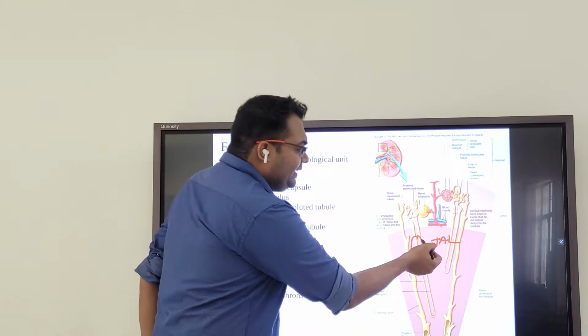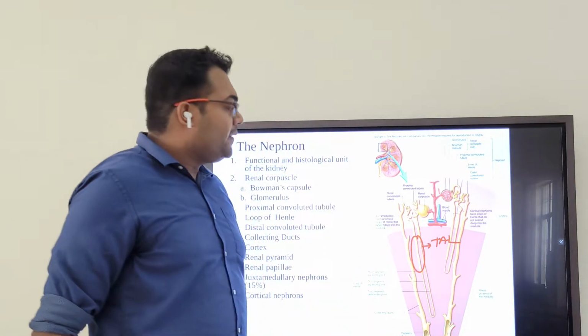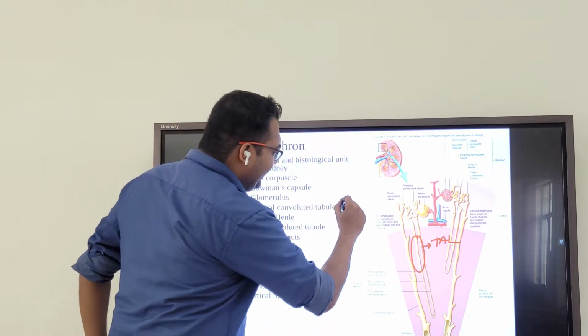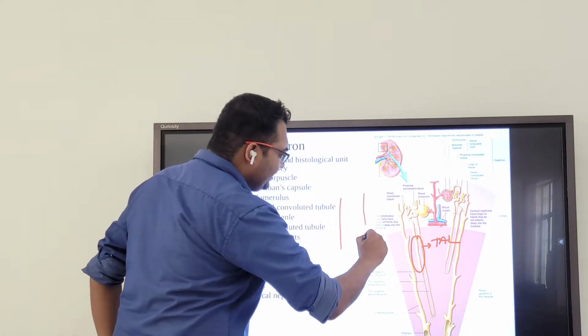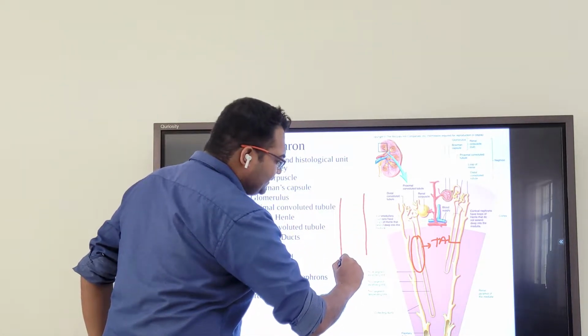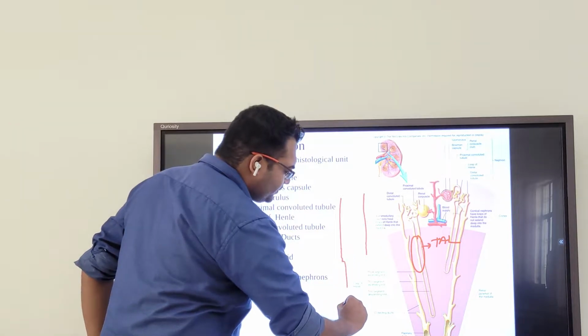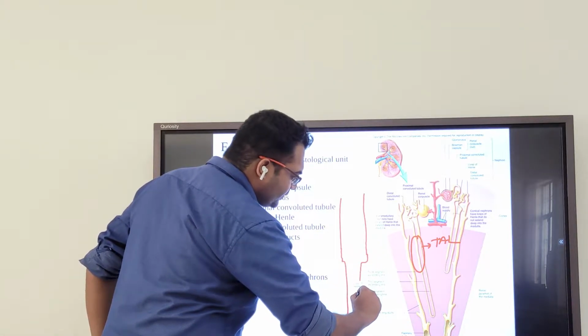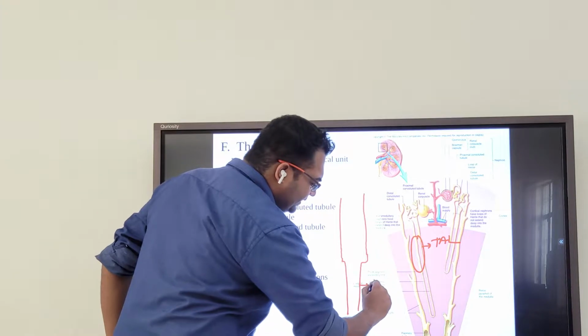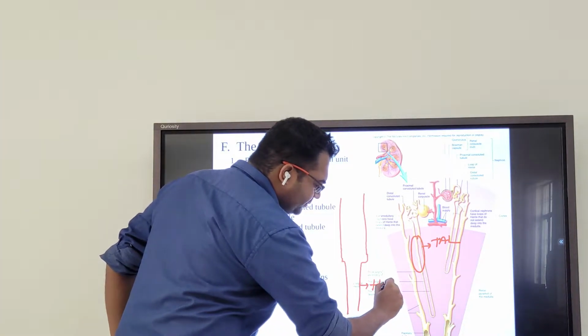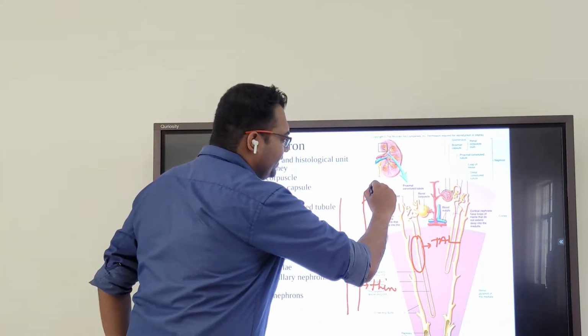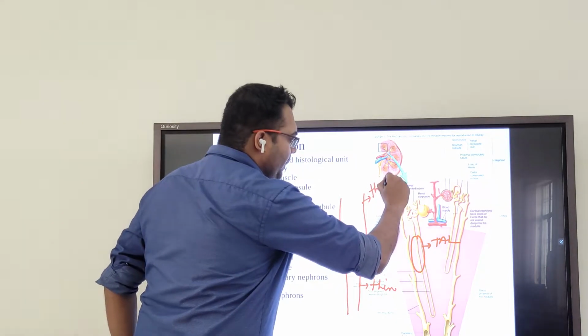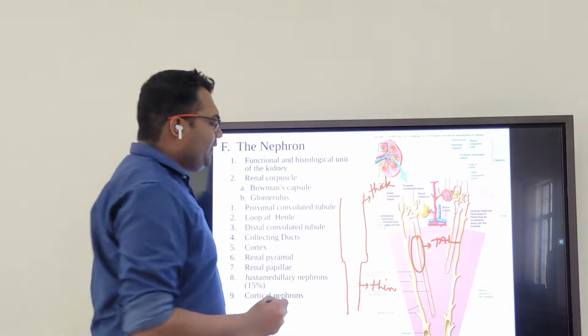And what differentiates a TAL from a thin ascending limb? Suppose this is a TAL and this is the thin ascending limb. You can say this is thin, this one is the thick part. Now, what is the main difference?